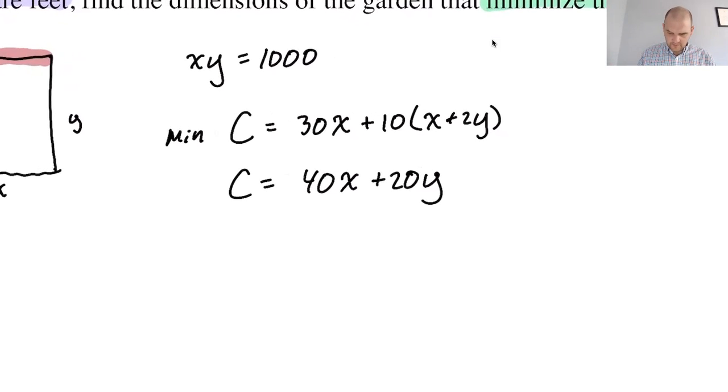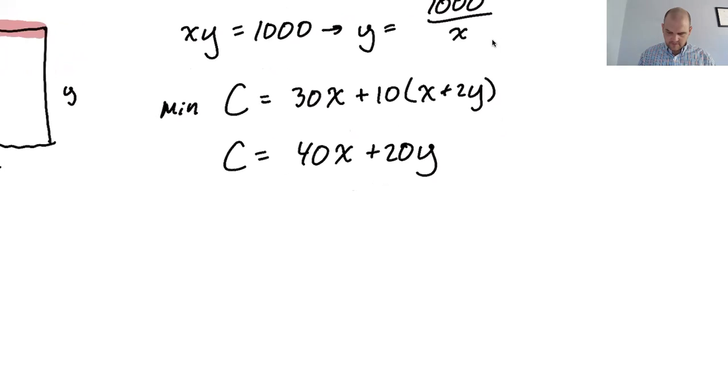So let's see. I'm going to take my helper and solve for y, because if I can, I'll eliminate y, just like everyone else. y is 1,000 divided by x. So our cost function is going to be 40x plus 20 times 1,000 over x, so 20,000 over x.